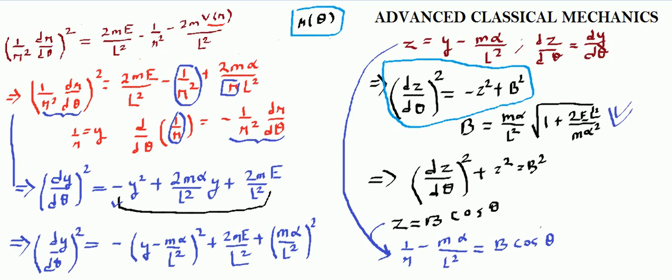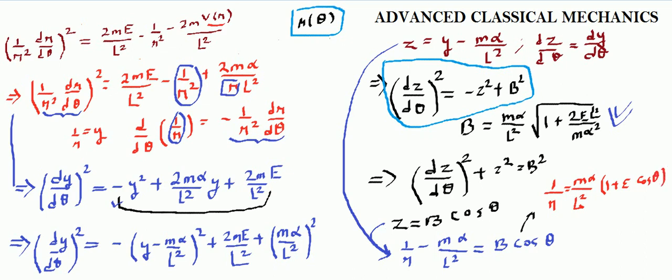When you solve this and put the value of b, with a little bit more algebraic manipulation, you'll get 1/r equals mα divided by L square, into 1 plus ε cos θ.